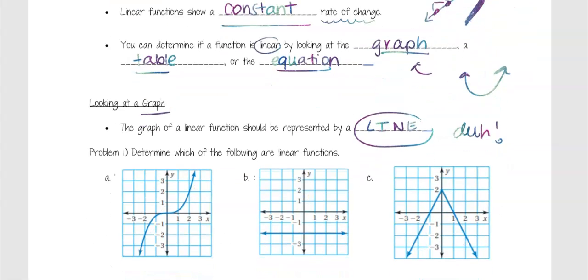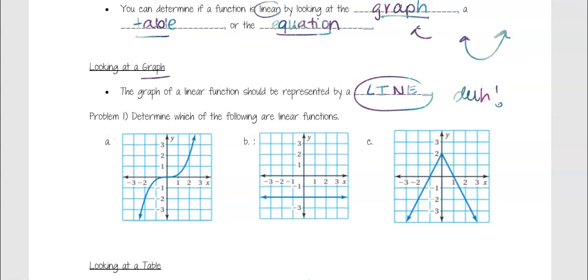So when we look at problem 1 here, determine which of the following are linear functions. Well, I've got option A, option B, and option C. Hopefully, we can all realize that B is the only linear function. This is actually a cubic function when it goes like that, so it's nonlinear.